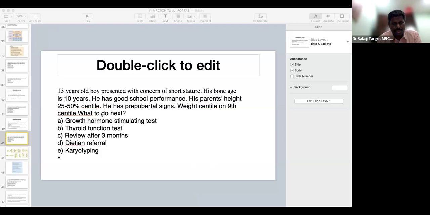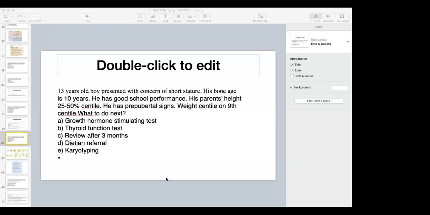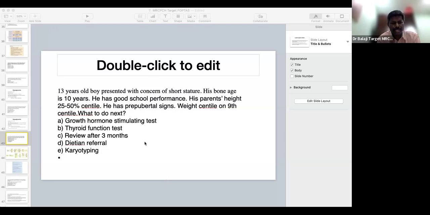But the question is not over. What to do next? Which hormone will you try to rule out in the initial phase, and which one might be a bit difficult to do? Thyroid function test initially, sir. TFT, yes, that is the crux here.